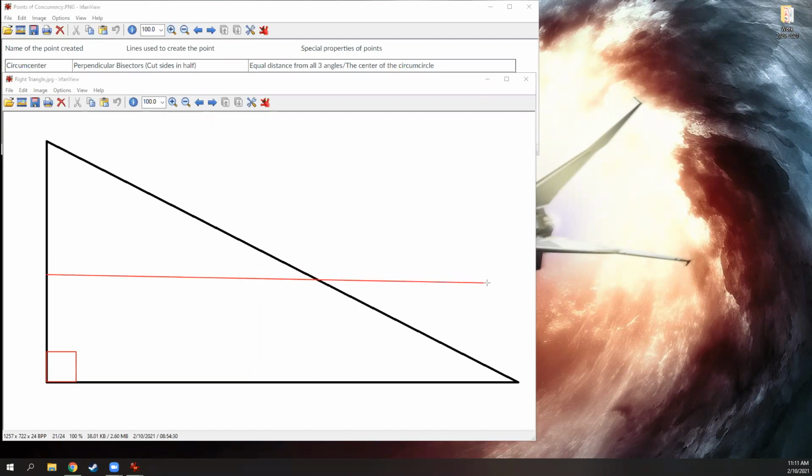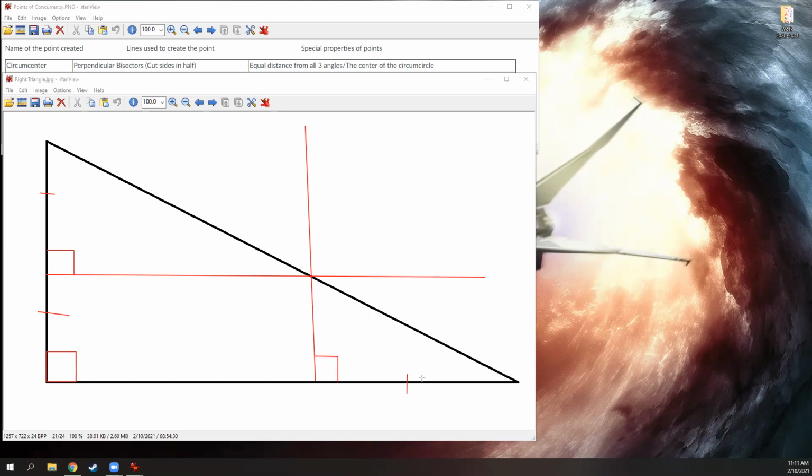So I'll draw this out, hopefully at a right angle. I'm not too bad at eyeing things. All right, so that's going to be a right angle. This side is going to equal this. And then we're going to go here. Draw our right angle there.